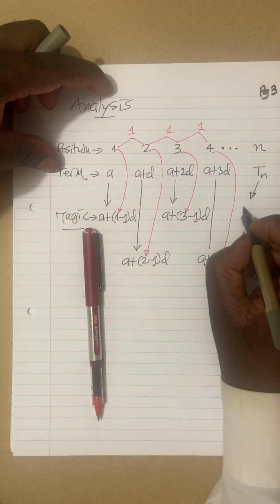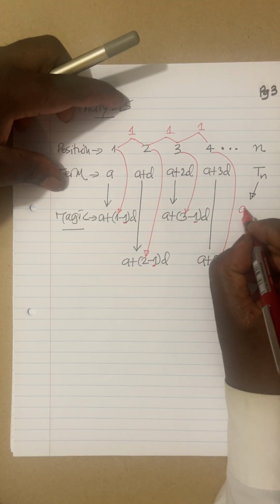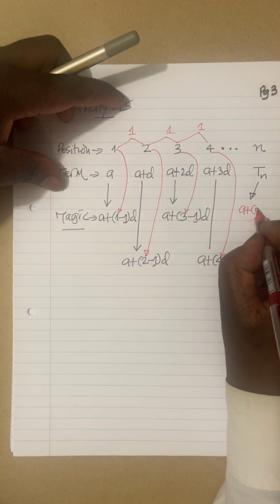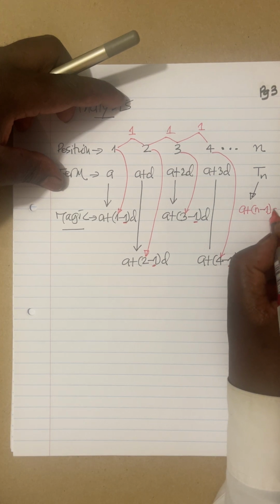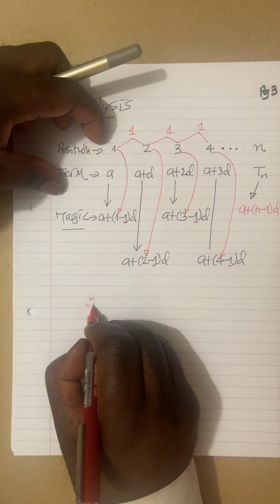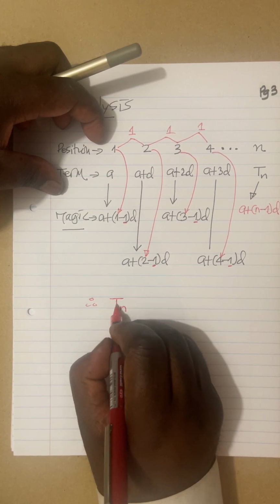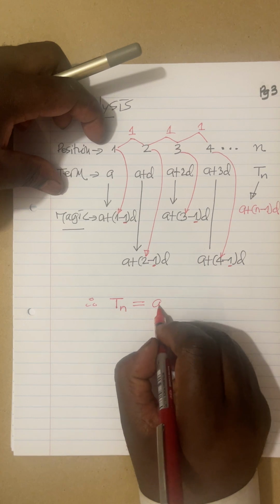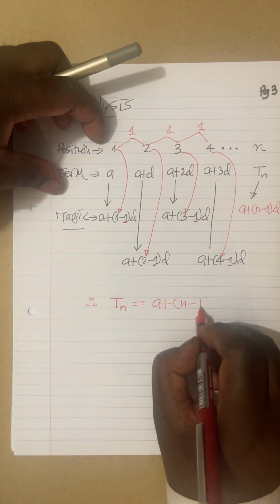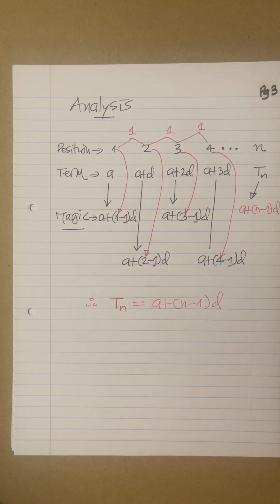We can say that it will be, let me write it in red, a plus n minus 1, and obviously you must have a d there. That's how we are saying the nth term formula or expression is actually a plus n minus 1 times our common difference. So this is where it comes from.